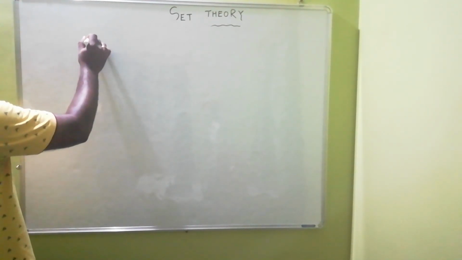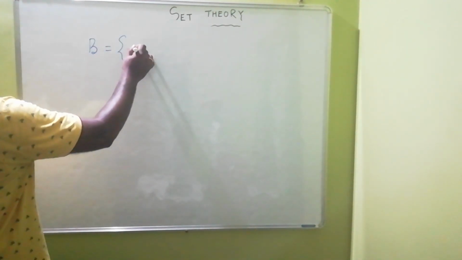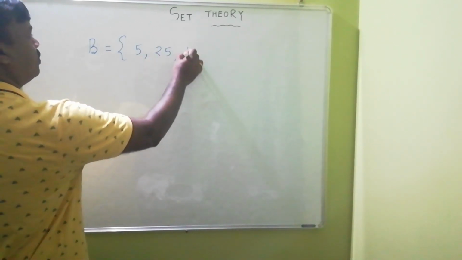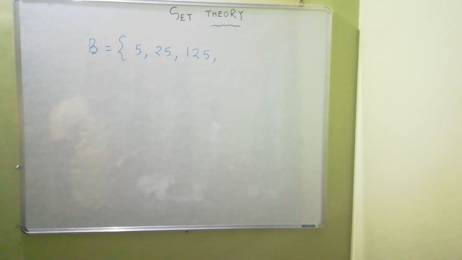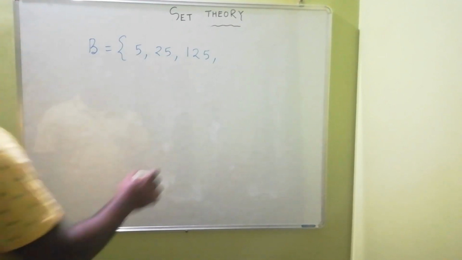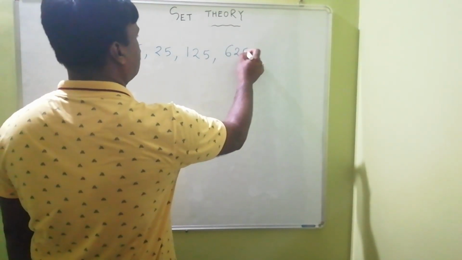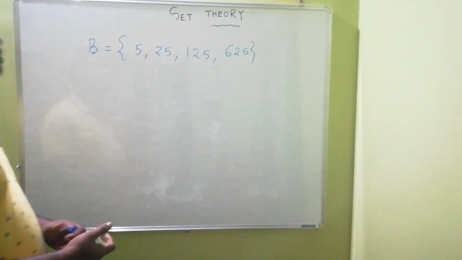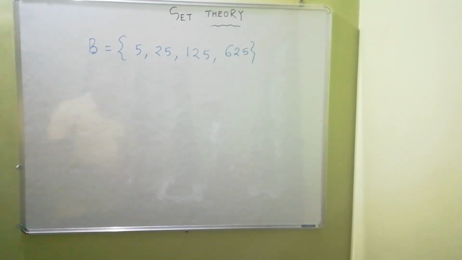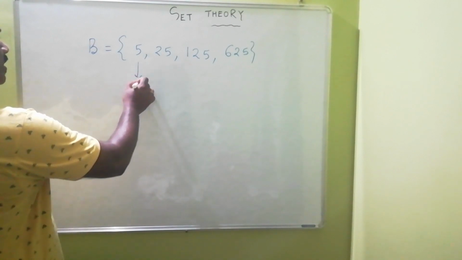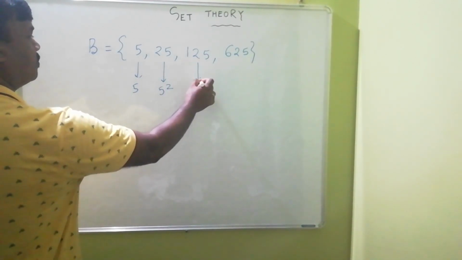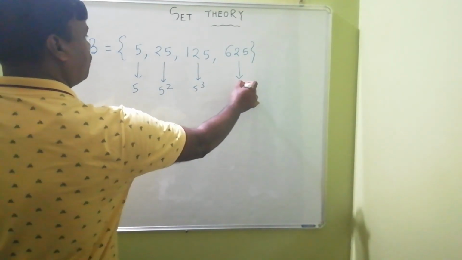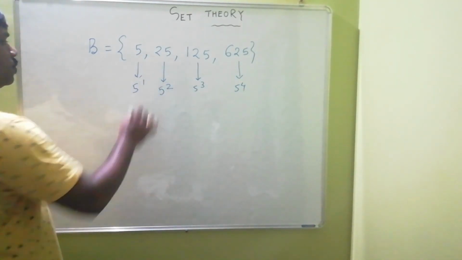Suppose B is any set whose elements are 5, 25, 125, 625. See, the most important thing is you have to find out the property. What is the property here? अब देखिए 5 है, ये 5 का square है, ये 5 का power 3 है, और ये 5 to the power 4 है, ये 5 to the power 1 है.